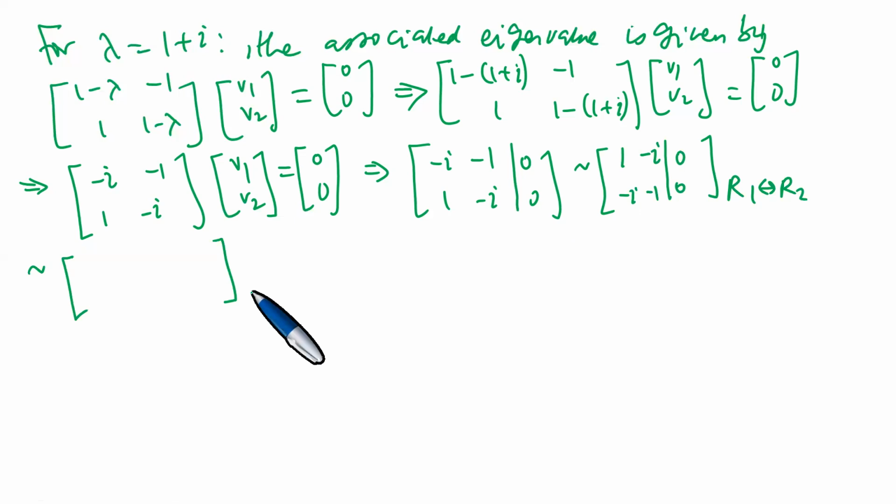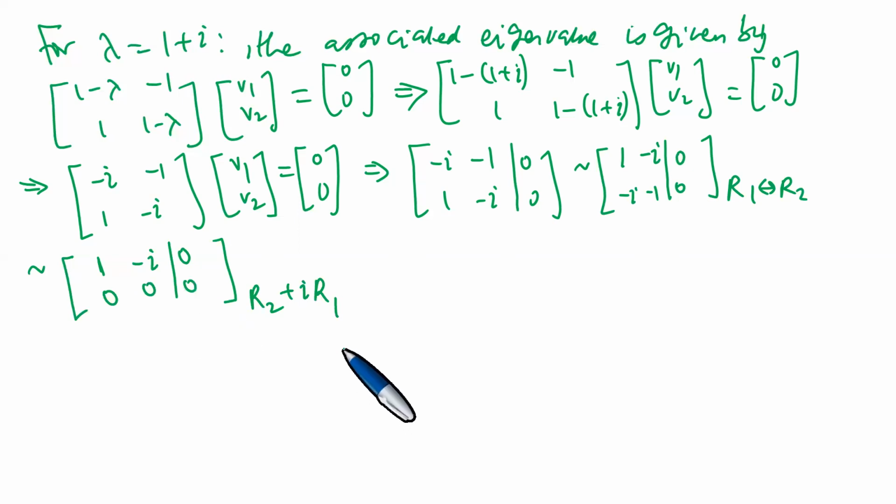This is going to be row 2 plus i row 1. You multiply this by i and you add. What do you get? We get a 1 and then it becomes 0. And then what does this give us? V1 is going to be i V2. V2 equals V2.